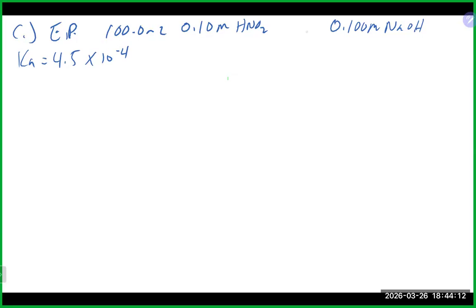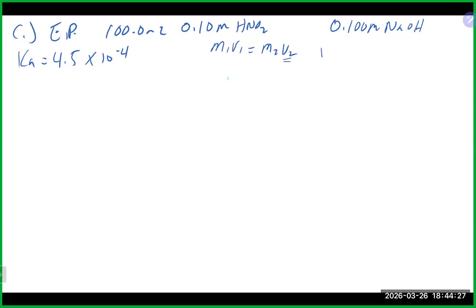Again, in this case, because the reaction between HNO2 and NaOH is a one-to-one relationship in terms of stoichiometry, you can use M1V1 equals M2V2 and solve for V2.